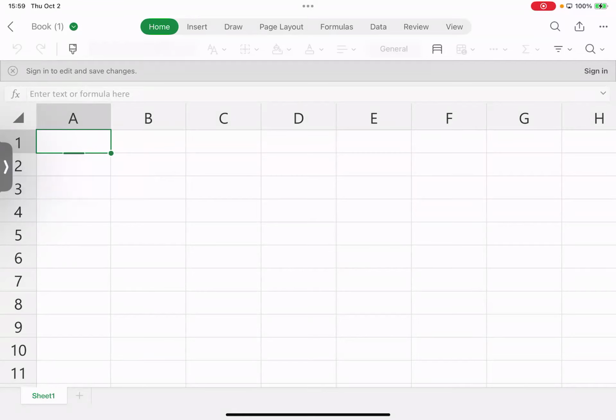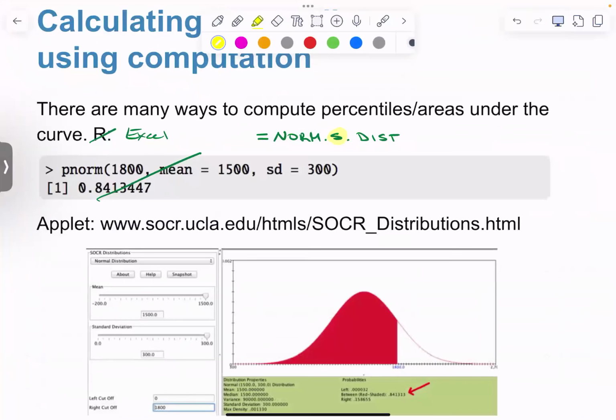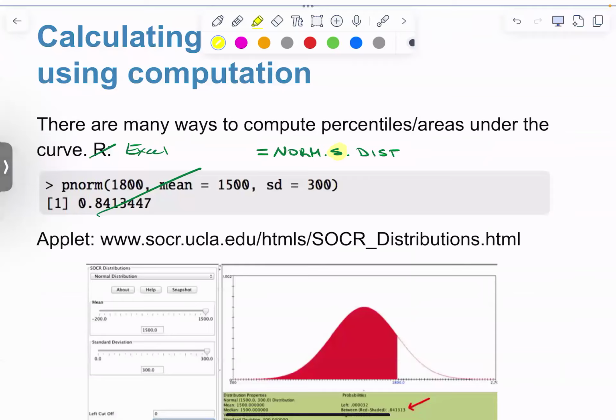Does anyone else have access to theirs? If you go norm.s.dist, what pops up for the prompt? Is it Z? And then cumulative? I should have remembered.